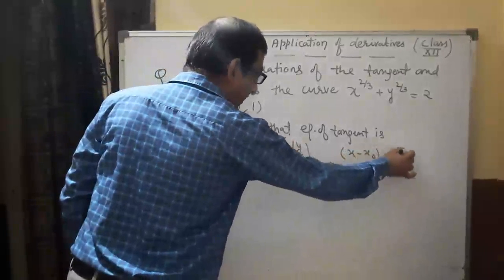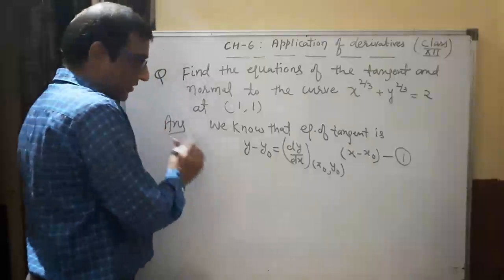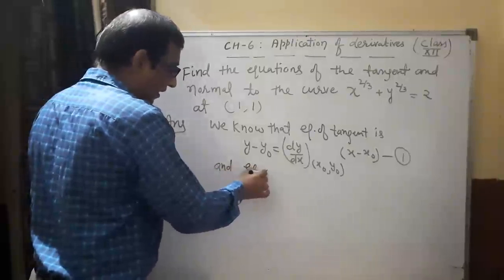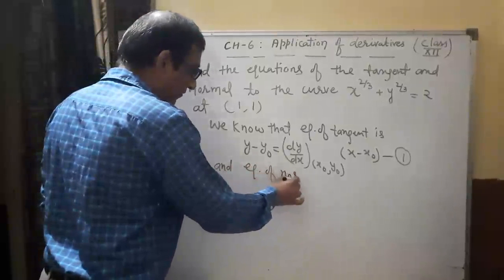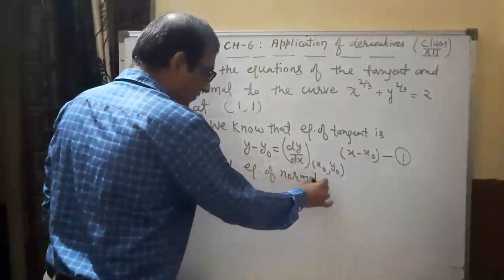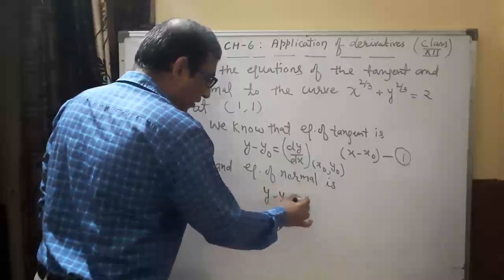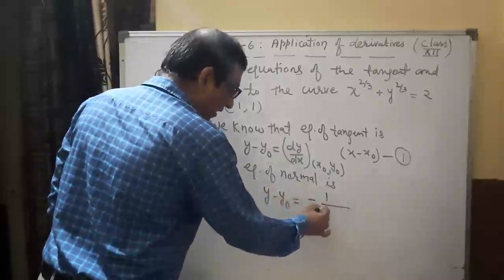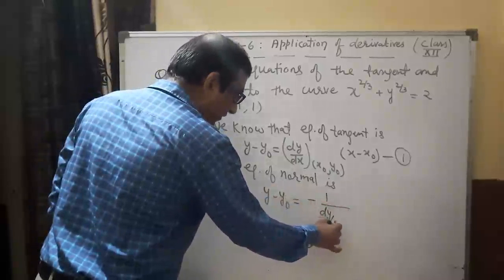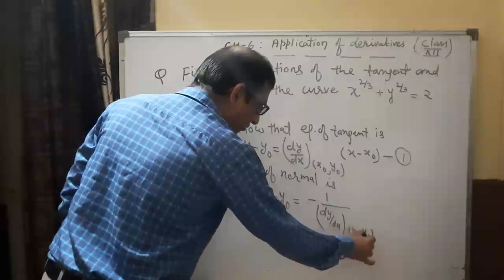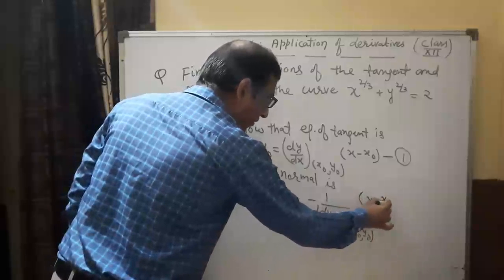We will indicate this as equation number 1, and we also know that the equation of the normal is y minus y0 equals minus 1 upon dy by dx, passing through the point (x0, y0), times (x minus x0).